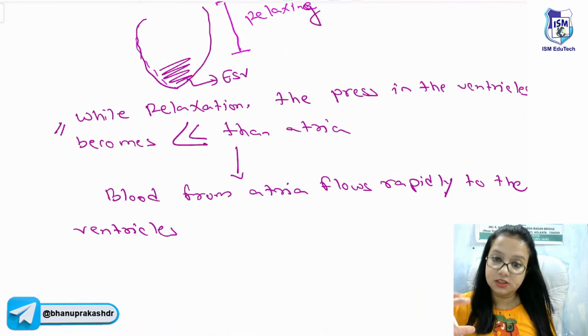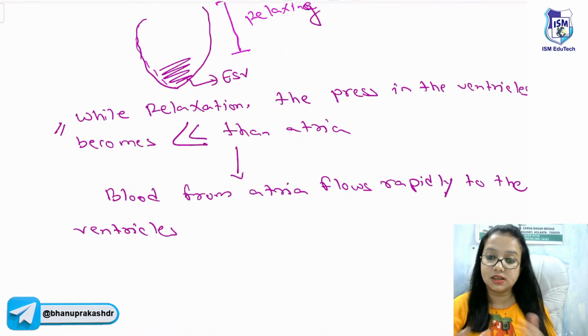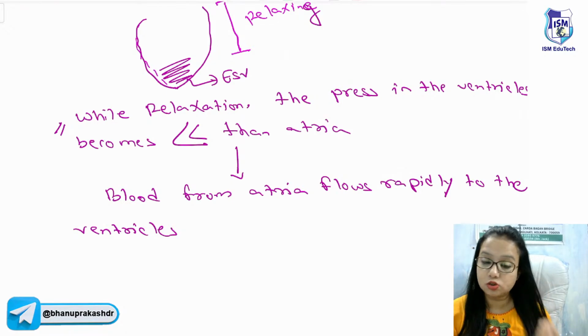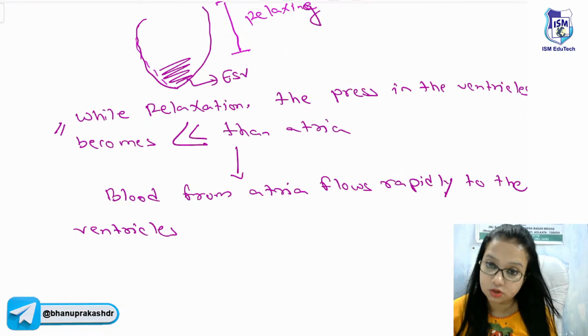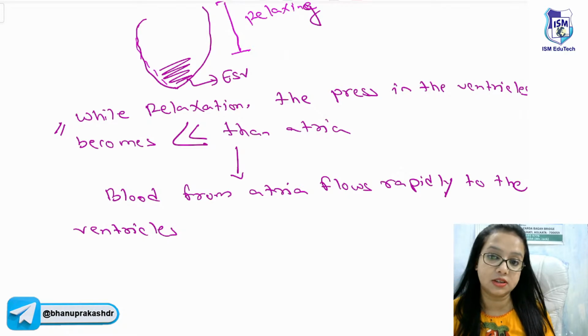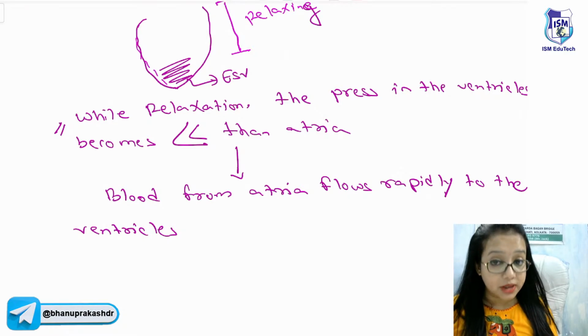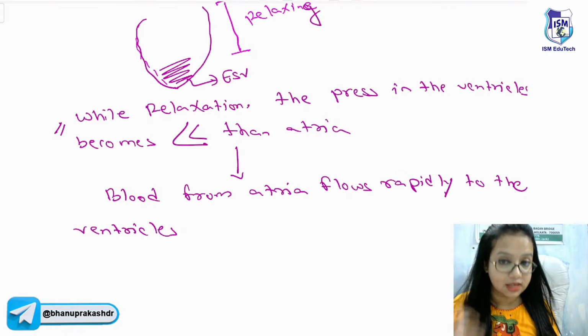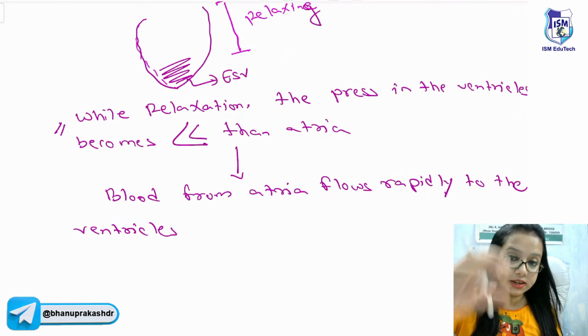Here, just during the isovolumetric relaxation, there is only the end systolic volume in the ventricle. So the atria now has more blood, more pressure compared to that of the ventricle. This difference in the pressure between the atria and the ventricle causes blood to flow from atria to the ventricle.